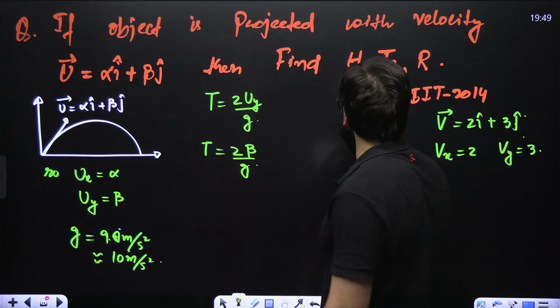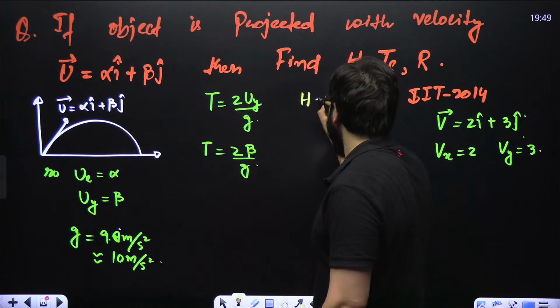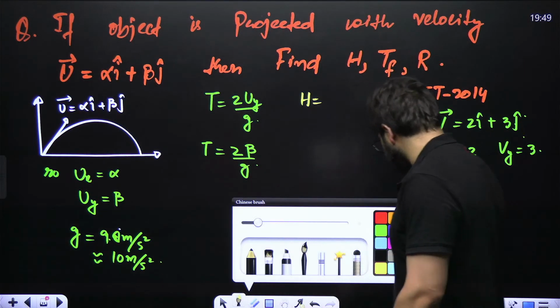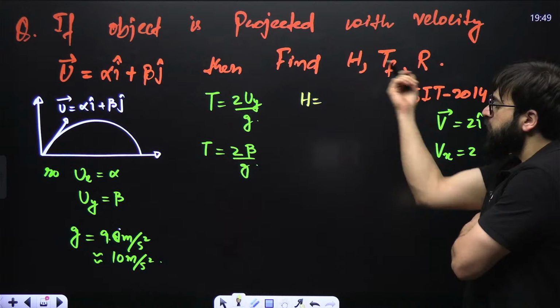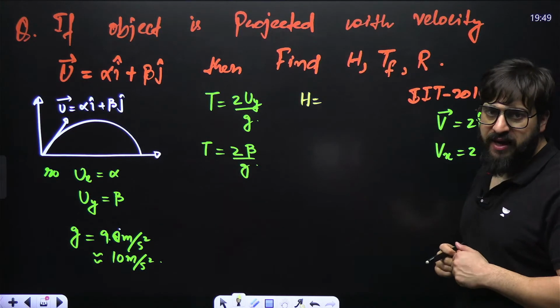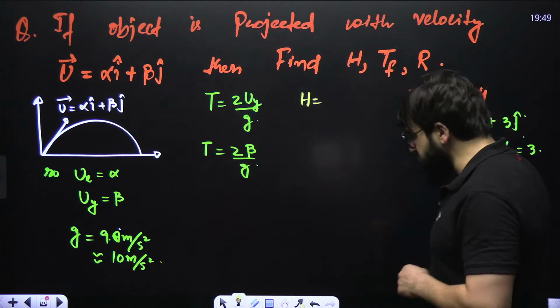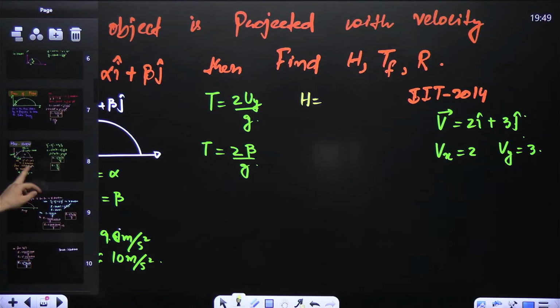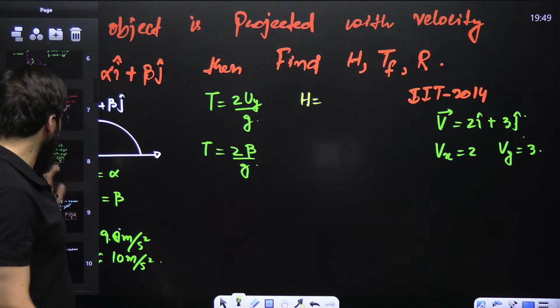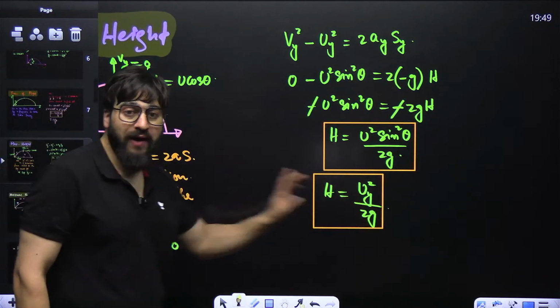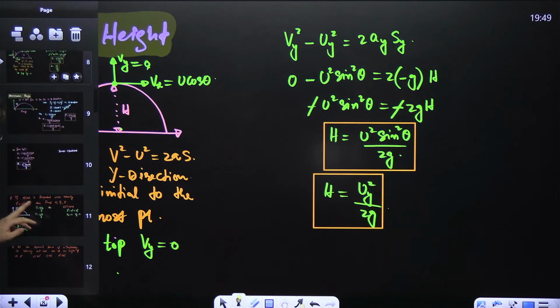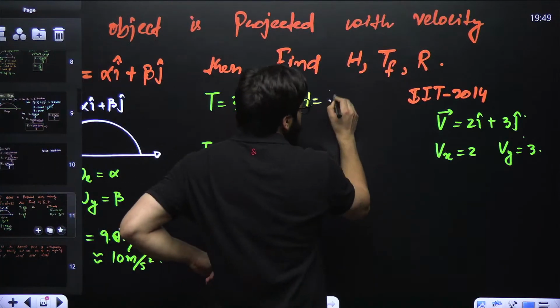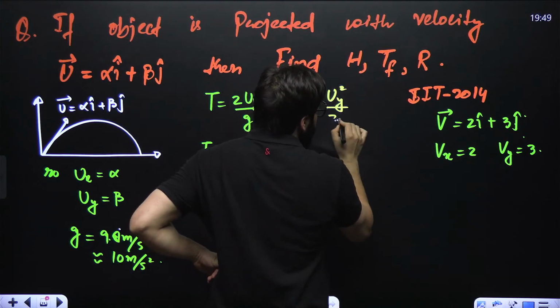Now let's find out the maximum height. What is the formula for maximum height? Maximum height is uy square divided by 2g.